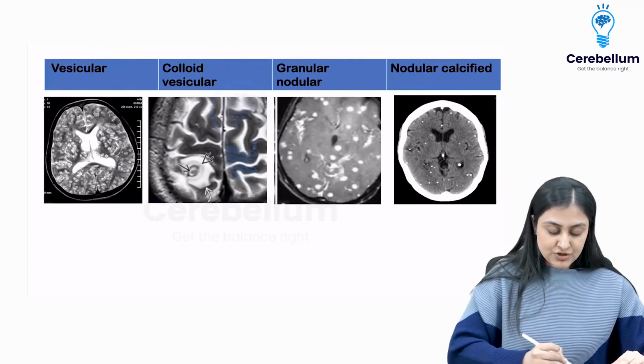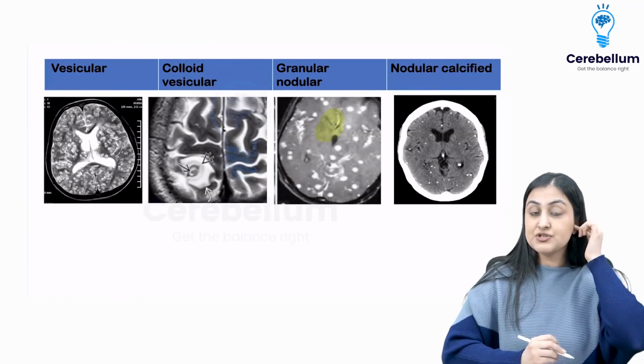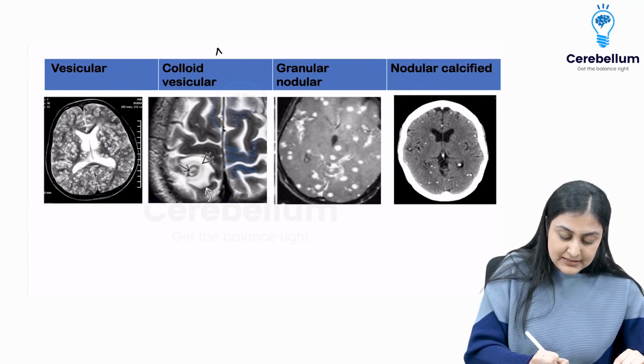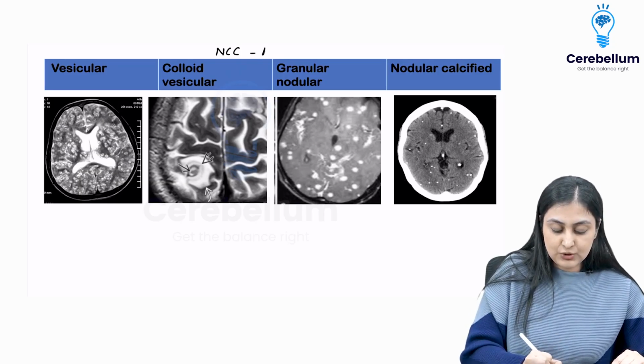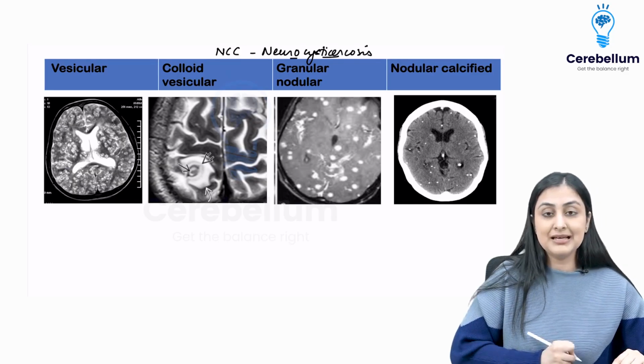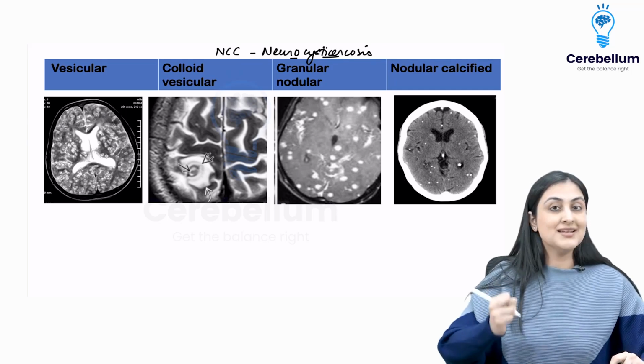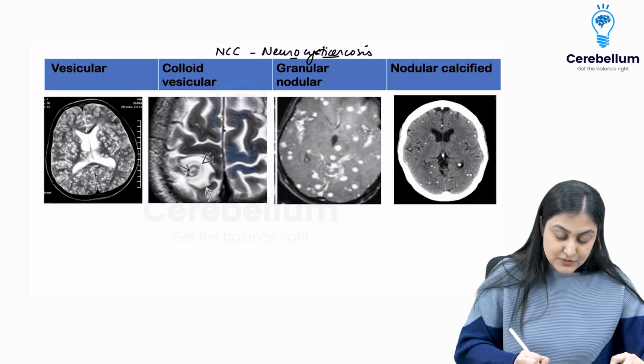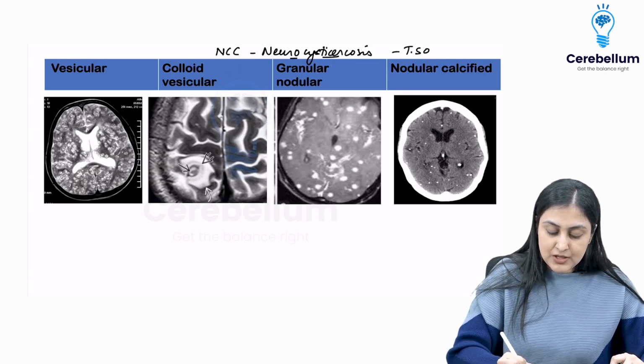You need to distinguish these ring enhancing lesions from TB, and the disease that we are talking about is NCC, which is neurocysticercosis. So as the name suggests, there are going to be cysts in the brain, cercosis meaning there is larva. So this is a parasitic infection which occurs because of Taenia solium.